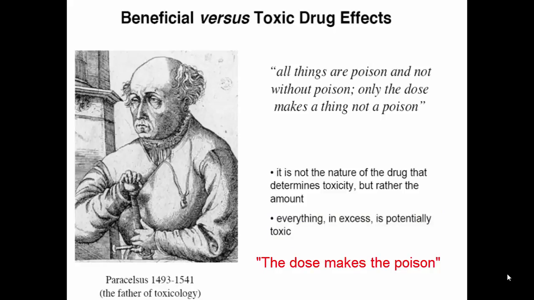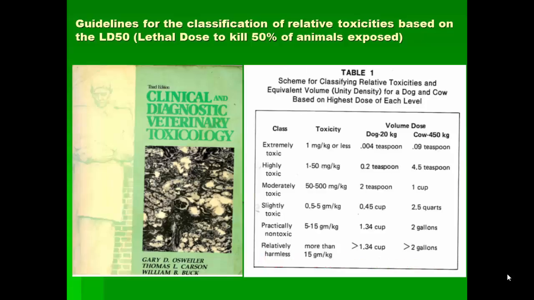Having said this, let's now examine a common way to define the acute toxicity of chemicals that allows for easy comparisons between different compounds. On this slide, we have a table that shows the guidelines for classification of relative toxicity based on the LD50, which is the lethal dose necessary to kill 50% of the animals in a population.